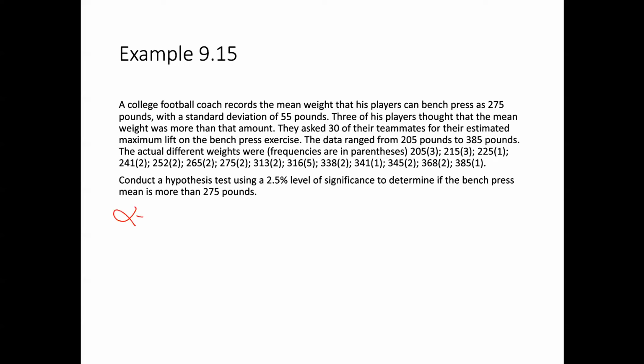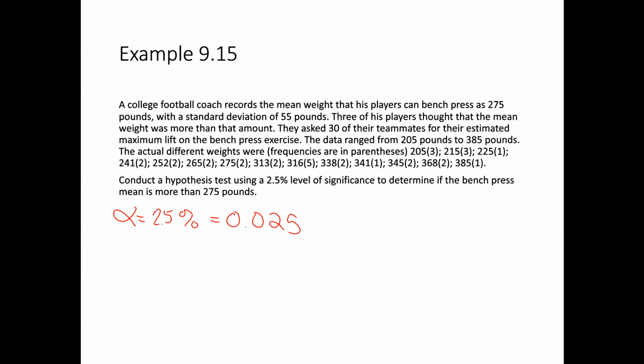So alpha is 2.5%, or 0.025. And we're trying to determine if the mean based on this sample data is actually greater than what the coach says it is, which is 275.